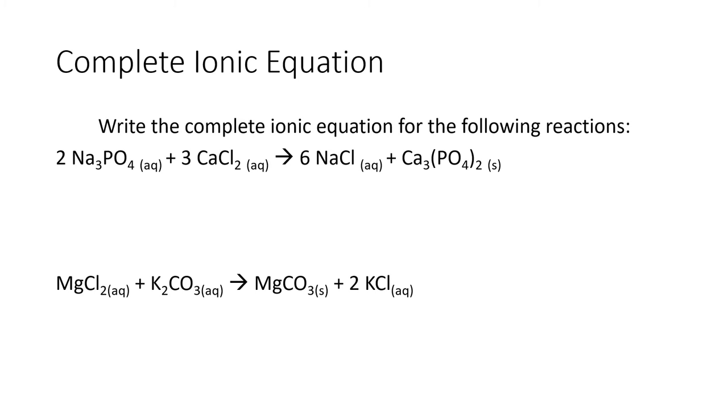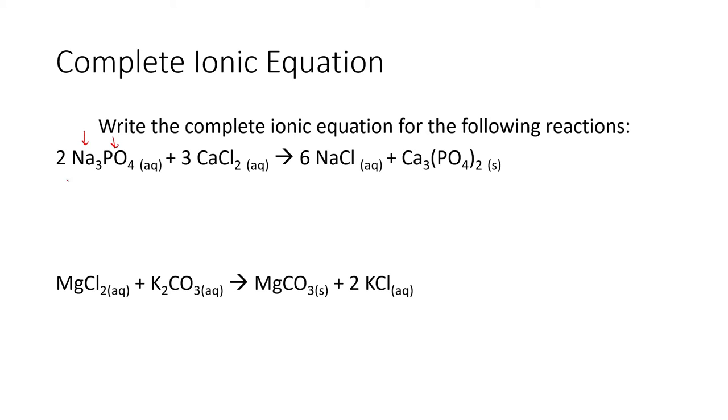Now, once we've done that, we can write our complete ionic equations. I'm going to walk through the first one, and then I want you to try the second one on your own. So the first one, we've got 2Na3PO4 aqueous. Sodium we know is a metal. This is a non-metal.